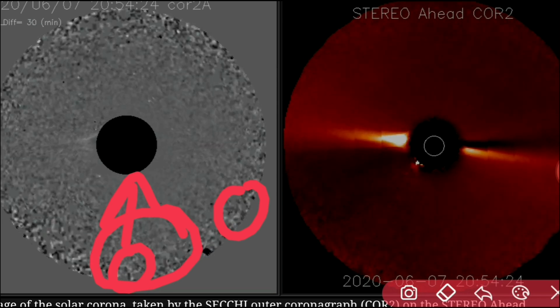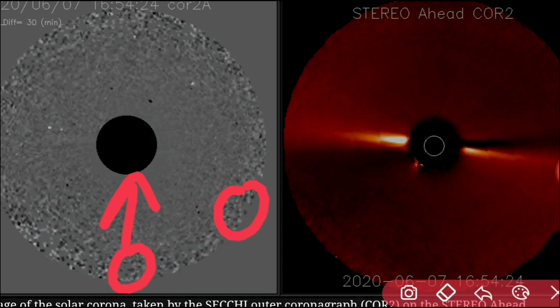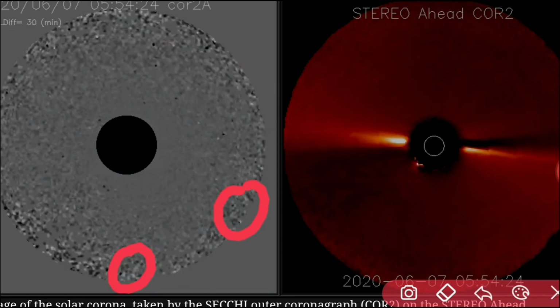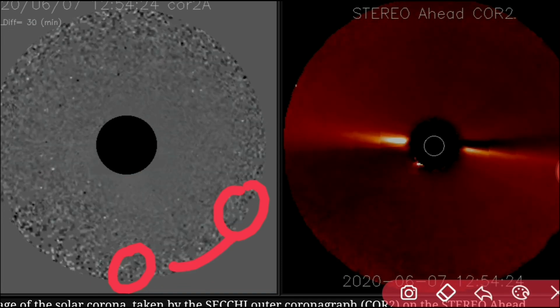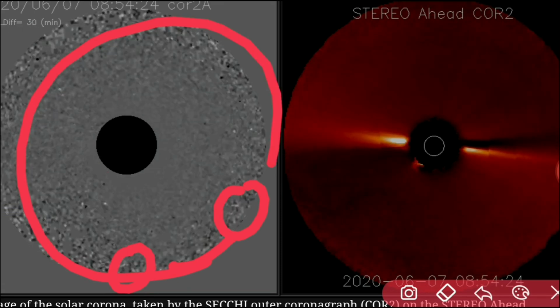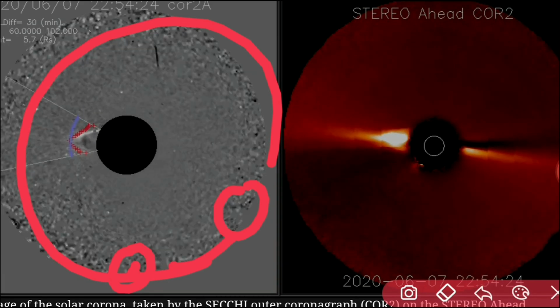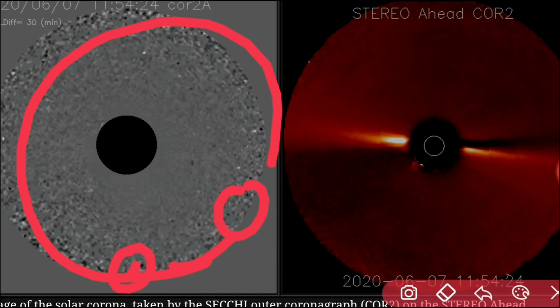Anything we see on this tool is from STEREO A, in Earth's orbit out here. It orbits the sun in almost the exact same orbit that the Earth does, but it trails behind us, or ahead, depending on what direction you're talking about.